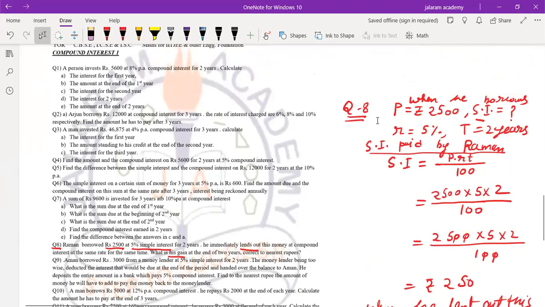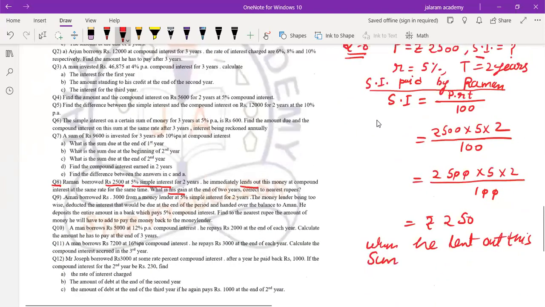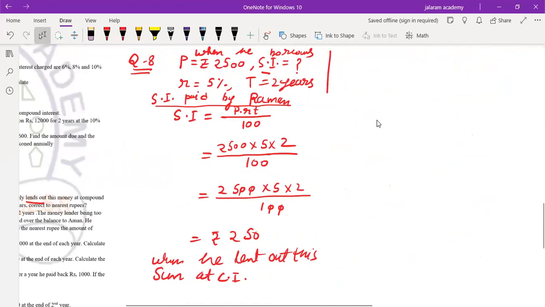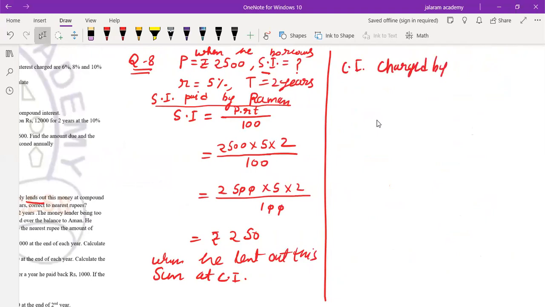Why? Because he lent out this sum at compound interest. So we write the compound interest charged by Raman, as we cannot find it at once without using the formula we are using now.